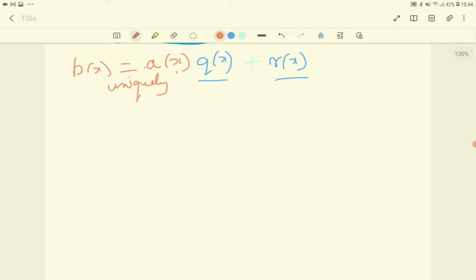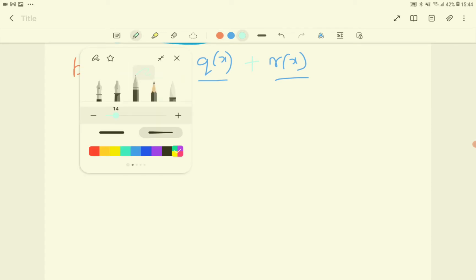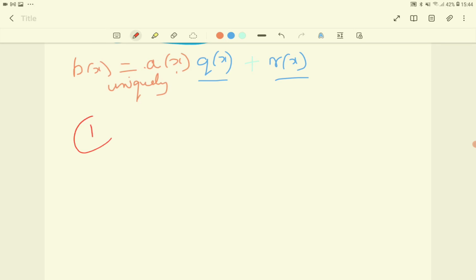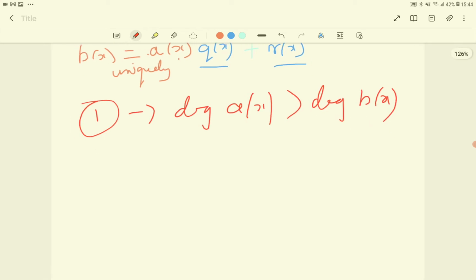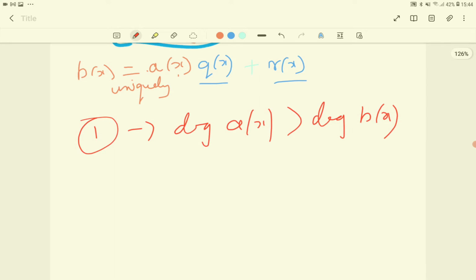Consider the first case that the degree of a of x is greater than the degree of b of x. In this case, q of x needs to be 0, right?